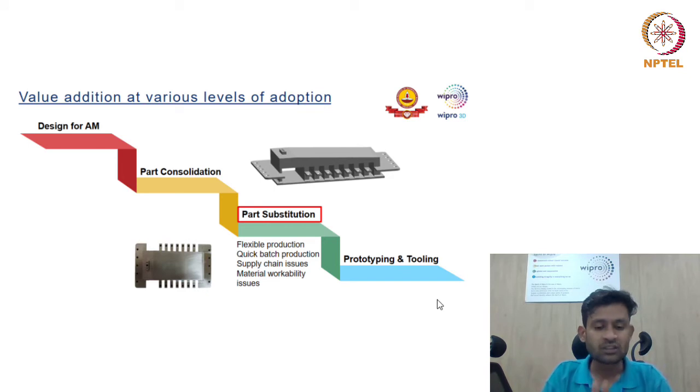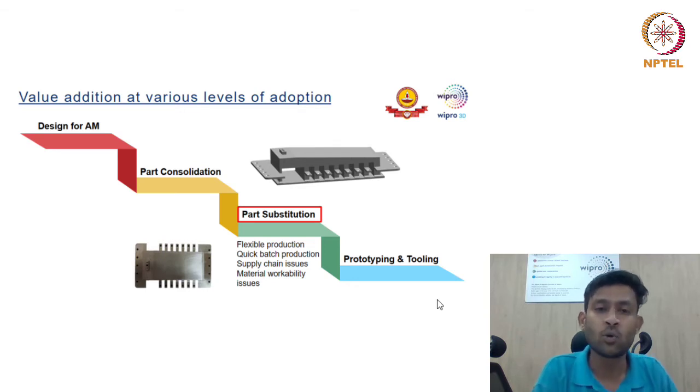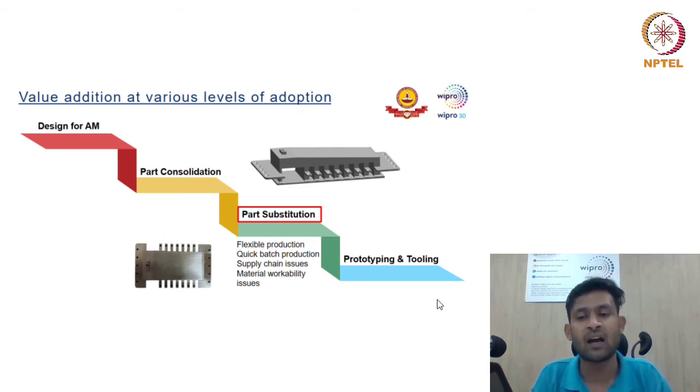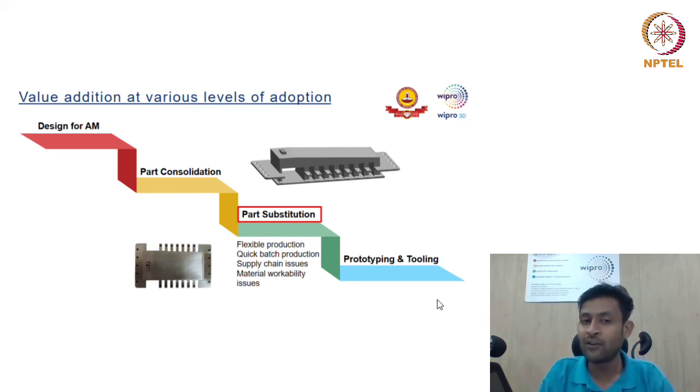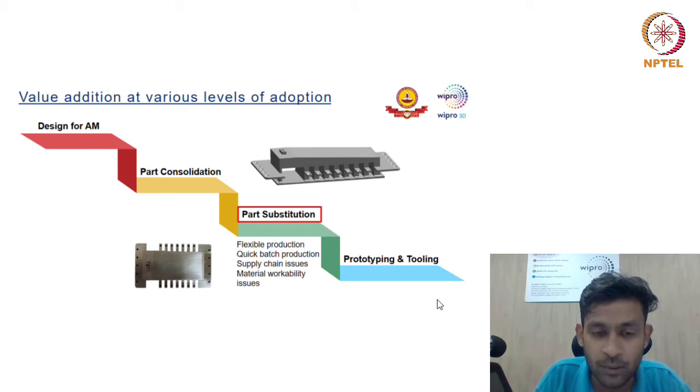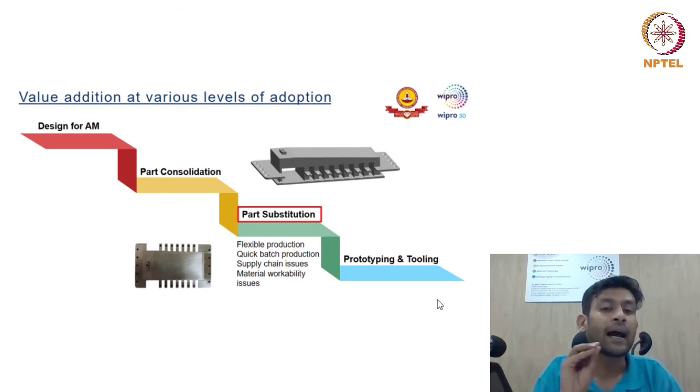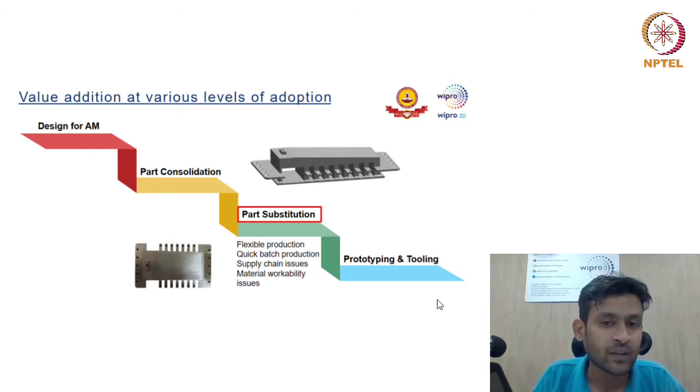Suppose your supply chain demands that you have to provide 100 components in USA, 100 components in Europe, and 100 components in India. You wouldn't want to manufacture all these components at a single place and then distribute them to 3 different locations in the world, because that will add a very high cost to the logistics.